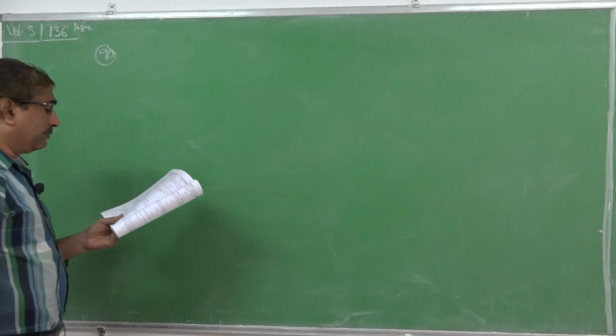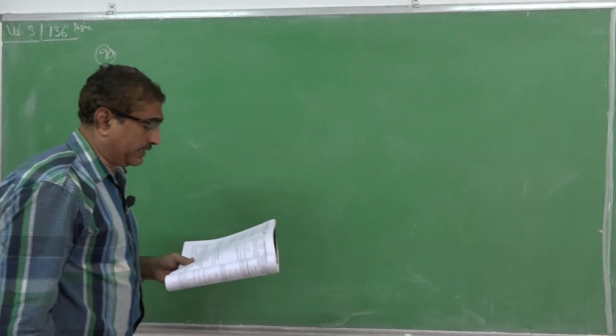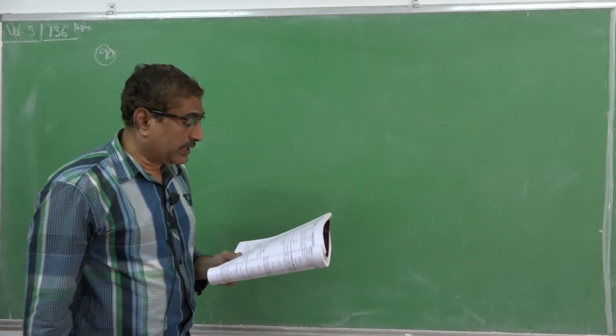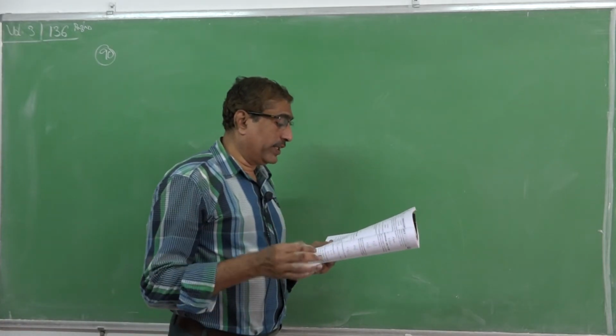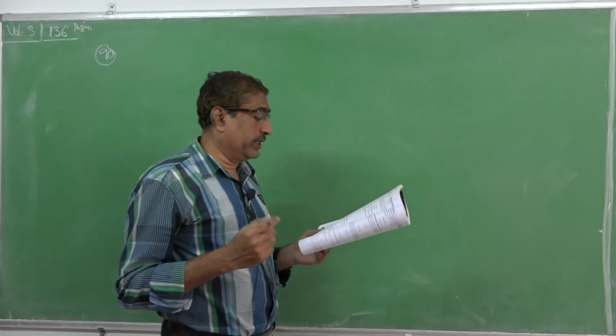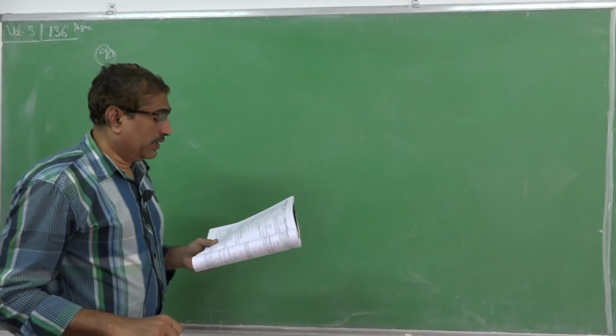The velocity of a particle undergoing SHM at the mean position is 2 meter per second. The velocity of the particle at the point where the displacement from the mean position is equal to half of the amplitude is, okay, I repeat the question.